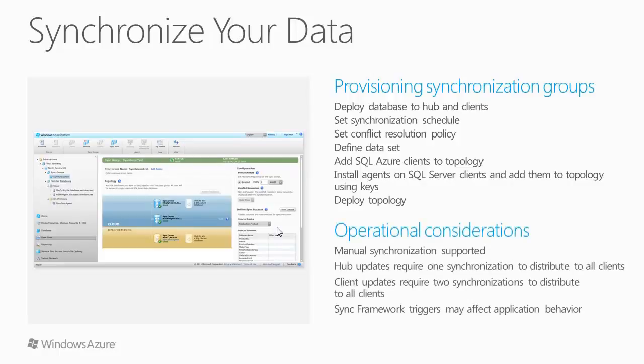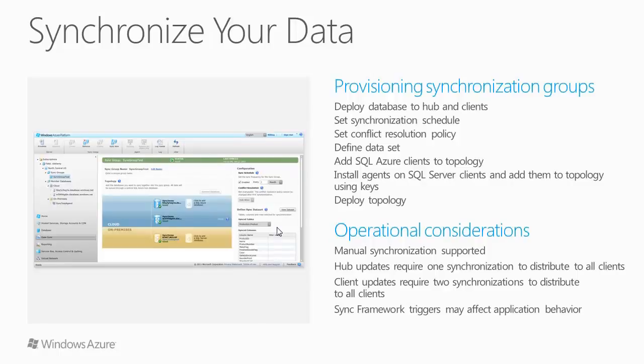Now, there are some operational considerations because you can do manual synchronizations. That is supported. Hub updates require one synchronization to distribute to all the clients. So really, what they're saying is, have a plan when you set up your synchronization. Client updates require 2 synchronizations to distribute to all clients.